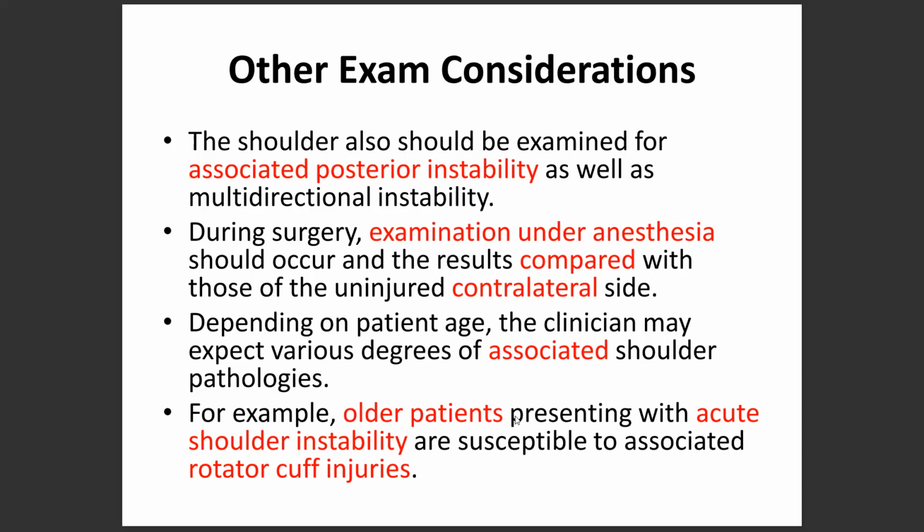For example, in older patients with acute shoulder instability, it is not only dislocation; there can usually also be rotator cuff injuries, since the tendons and ligaments become a little brittle with the passage of time. So in older, geriatric patients with acute shoulder instability, there is a high chance of a tear of the rotator cuff tendon, specifically the supraspinatus tendon, which is very common if there is dislocation in the geriatric population.